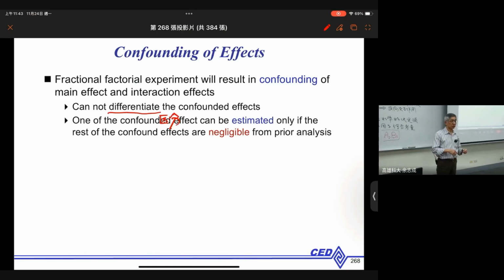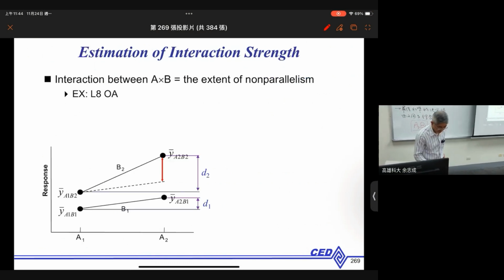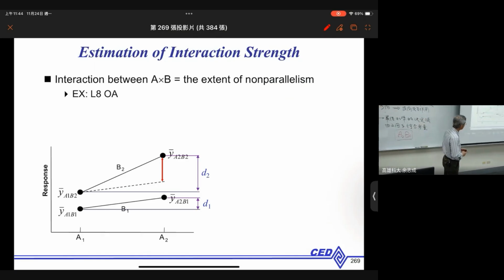If you want to analyze the result, you need to make sure that there will be no confounding, or that one of the confounded effects will be negligible. I will talk about that later. Let's look at this example first, then we go back to the conclusion.